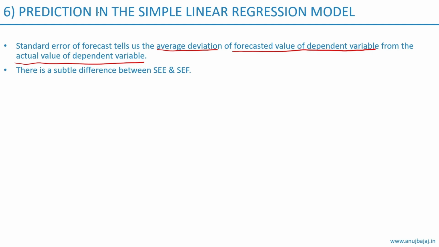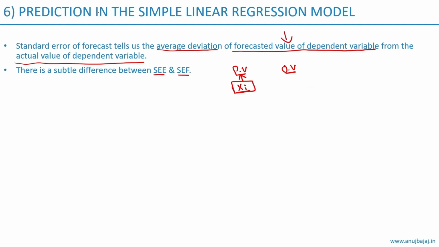There is a subtle difference between the standard error of estimate and the standard error of forecast. The standard error of estimate told us the average deviation of the predicted value or the forecasted value of the dependent variable from the observed value or the actual value of the dependent variable. But the predicted value was calculated using a known value of the independent variable.